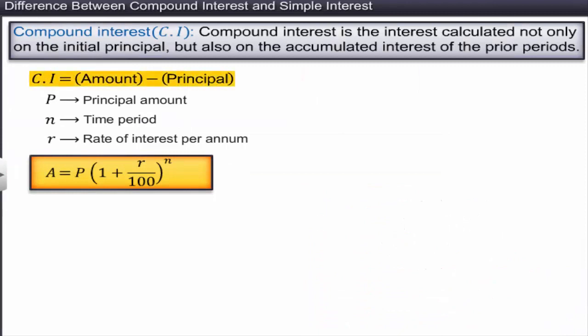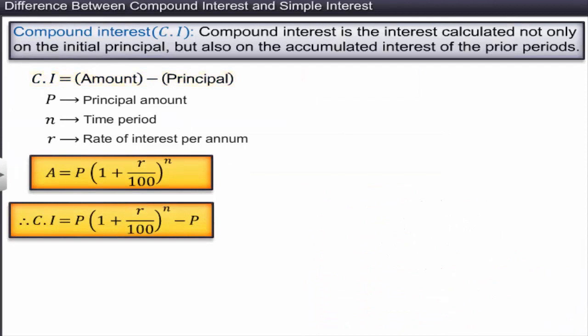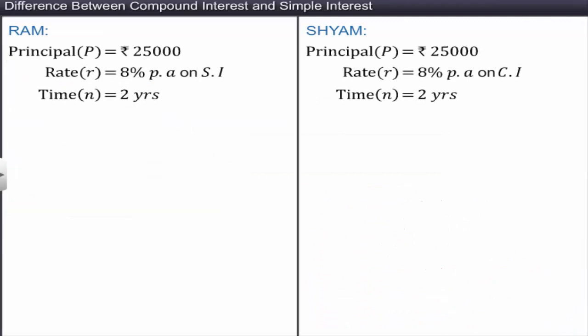Since compound interest is the difference between the amount and the principal, it can be calculated by using the formula shown here. Now, Ram and Shyam invested the same amount of money at the same rate and for the same period. So the values of P, R and N while calculating the simple interest and compound interest will be the same.